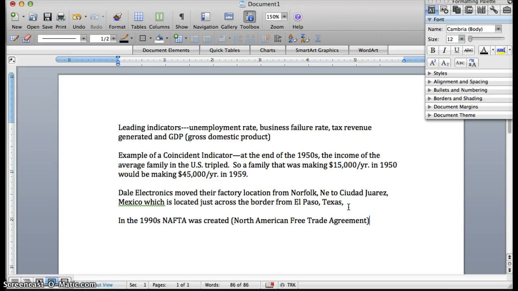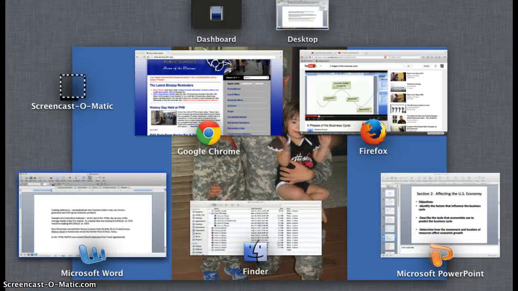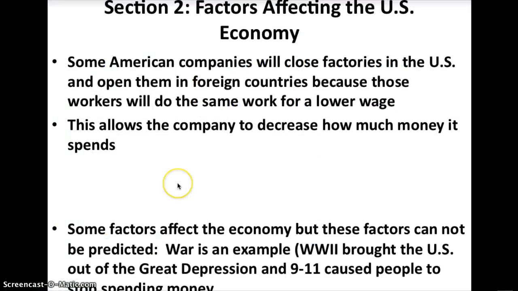What this means is that items can be made in Mexico, for example, and then come into the United States, and Mexico doesn't have to pay a tariff or a tax on those imported items. So Dale Electronics could make those items in Mexico and send them back into the United States. It doesn't cost them any money to do that.